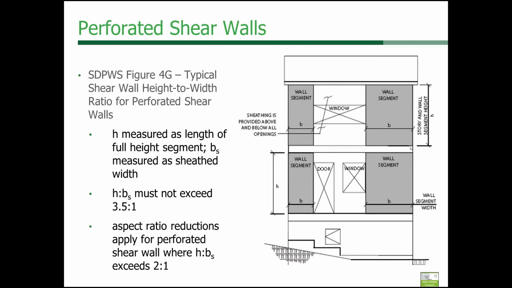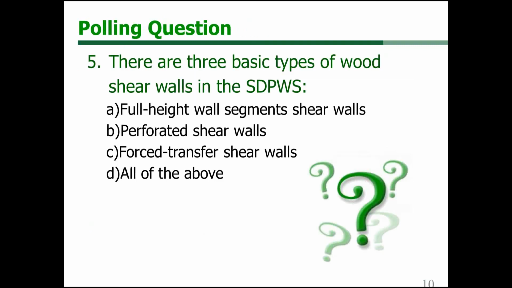That entire perforated shear wall needs to be reduced by that reduction. Now that will change in the 2015 wind and seismic provision, where it would be only applied to the panel or the width of the segment of the wall that does not meet the aspect ratio. So that's one change in the 2015.